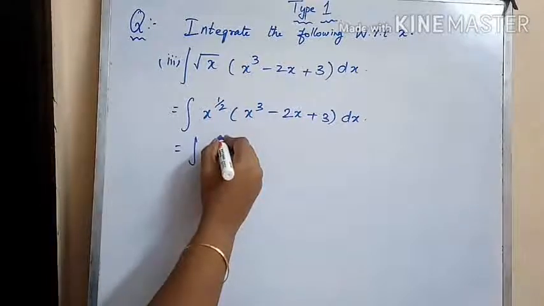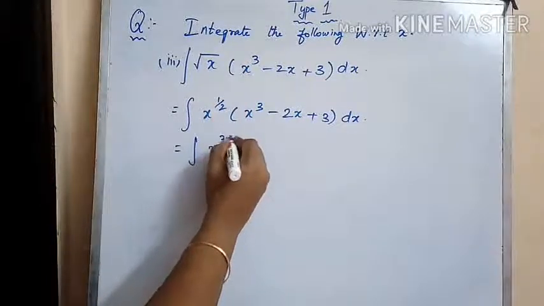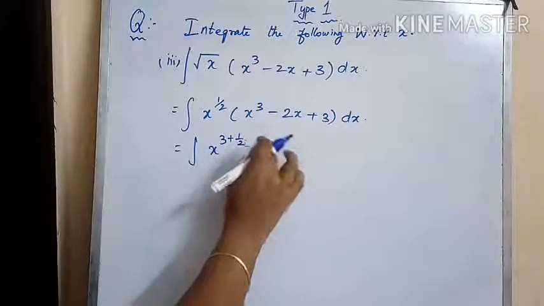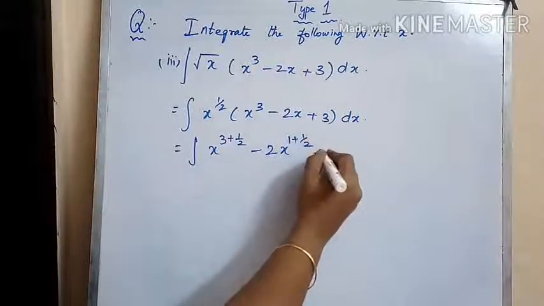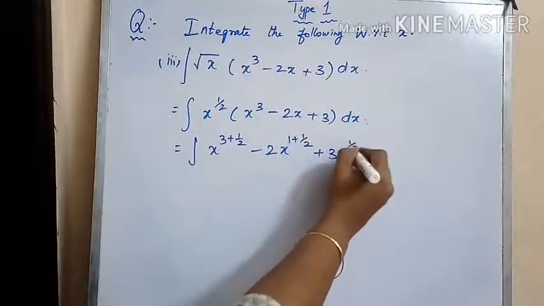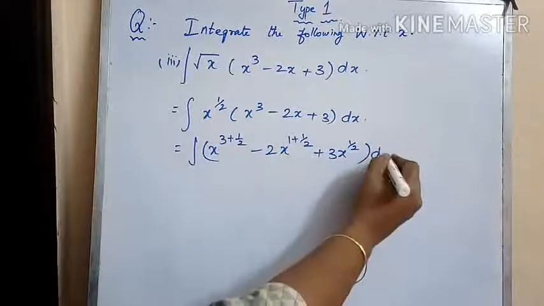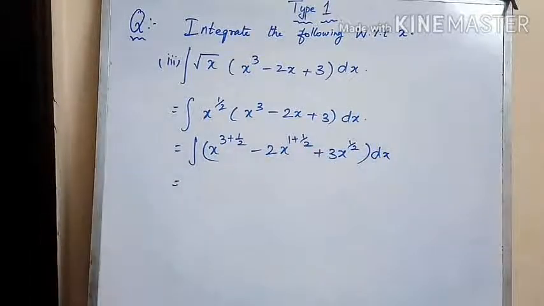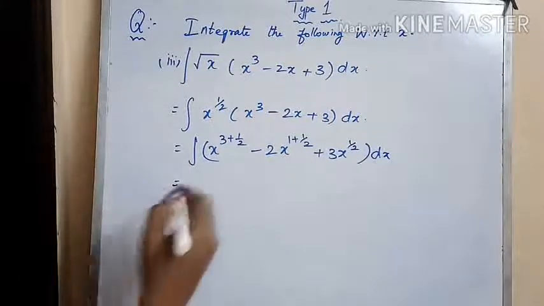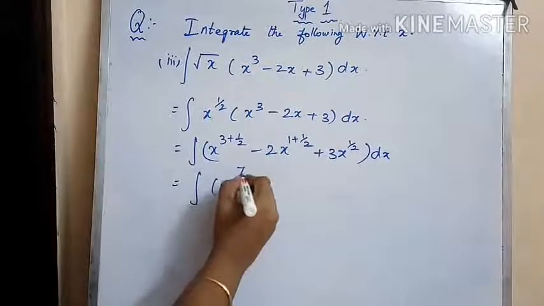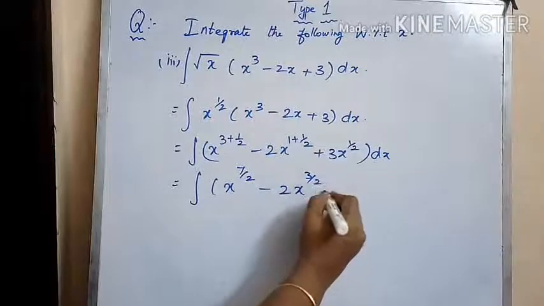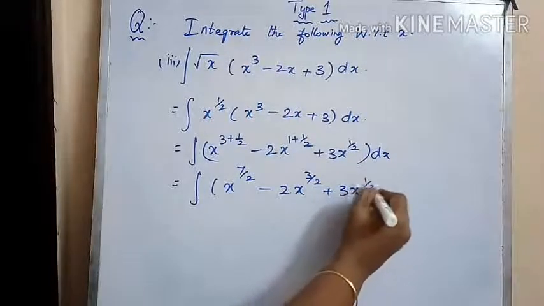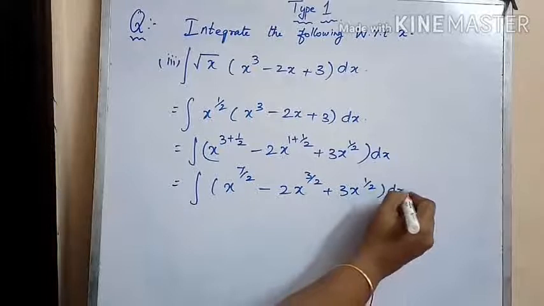We get x to the power of 3 plus 1 by 2 minus 2 into x to the power of 1 plus 1 by 2 plus 3 into x to the power of half. In the next step we get integral of x to the power of 7 by 2 minus 2 into x to the power of 3 by 2 plus 3 into x to the power of 1 by 2 into dx.